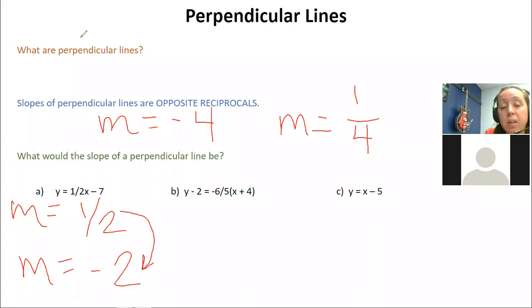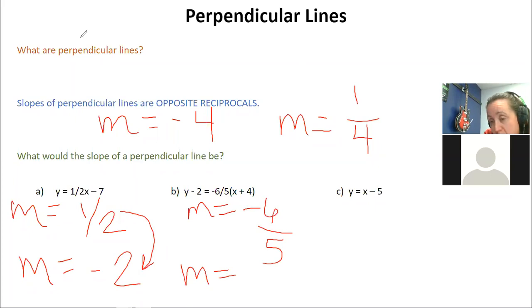What about B? What's the slope for B? -6/5. And then the opposite reciprocal, what would that be? 5/6. We turn it positive and flip it. What about C? What's the slope for C? 1.